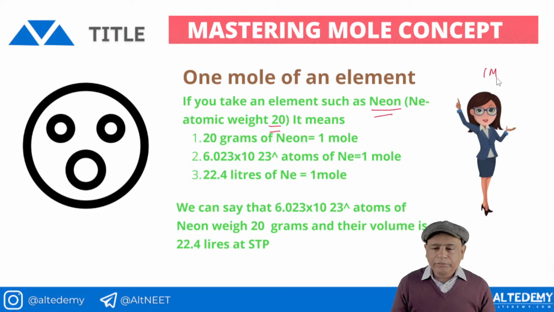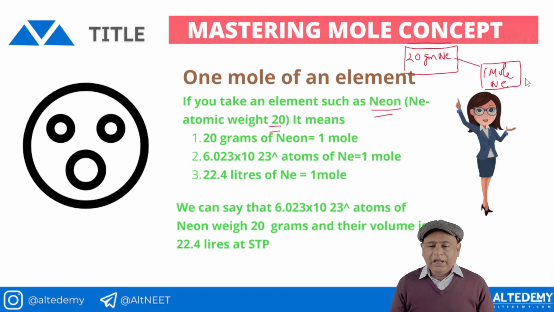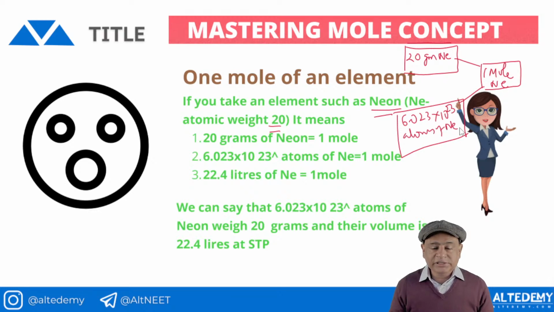If we write 1 mole neon, what does it mean? First, it will mean the atomic weight of neon, so we will write 20 gram neon. And the second thing that we can relate is 6.023 into 10 to the power 23 atoms of neon. These two are connected.